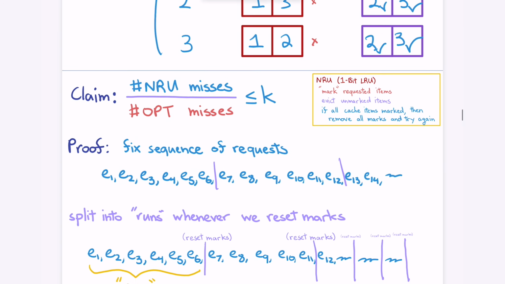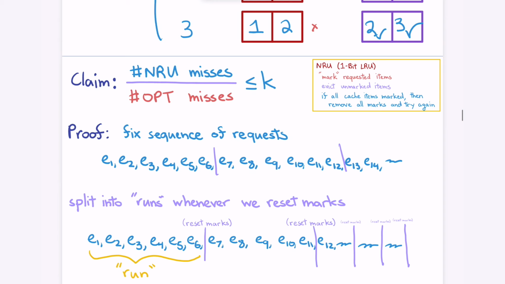Every time I find myself resetting the marks, I'll call that a run. Pages come in, some are new, some are different, and then a new page forces us to reset the marks. That starts a new run.